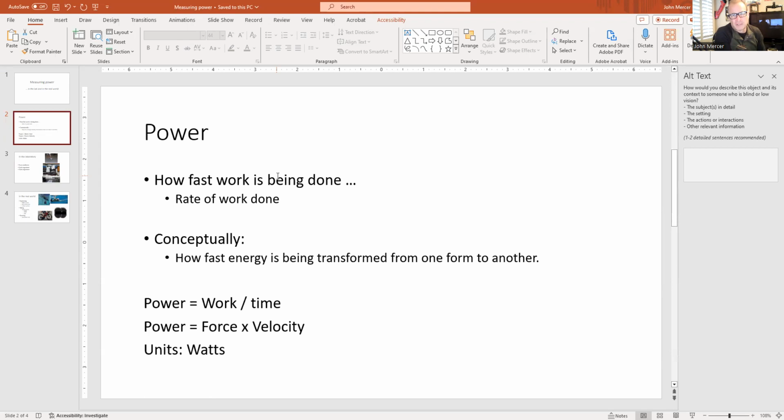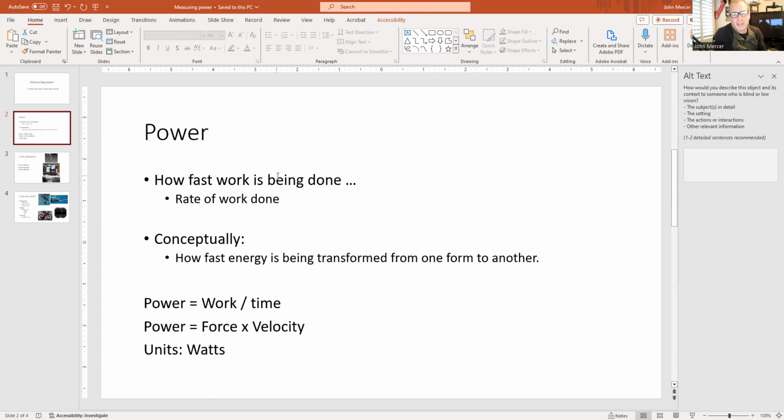In the human body, what we're often interested in is how fast we transform chemical potential energy to mechanical energy. Chemical potential energy would be in, for example, ATP, or we can even backstep that a little further and say potential energy in carbohydrates or in fats as fuel. And our body uses those fuels and has specific metabolic processes to yield ATP, which is then used to shorten muscle in the sliding filament theory of muscle contraction.